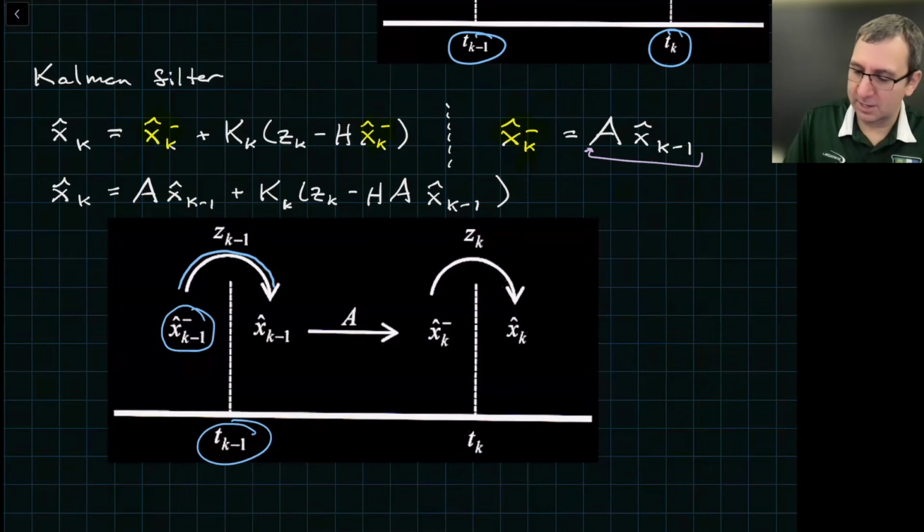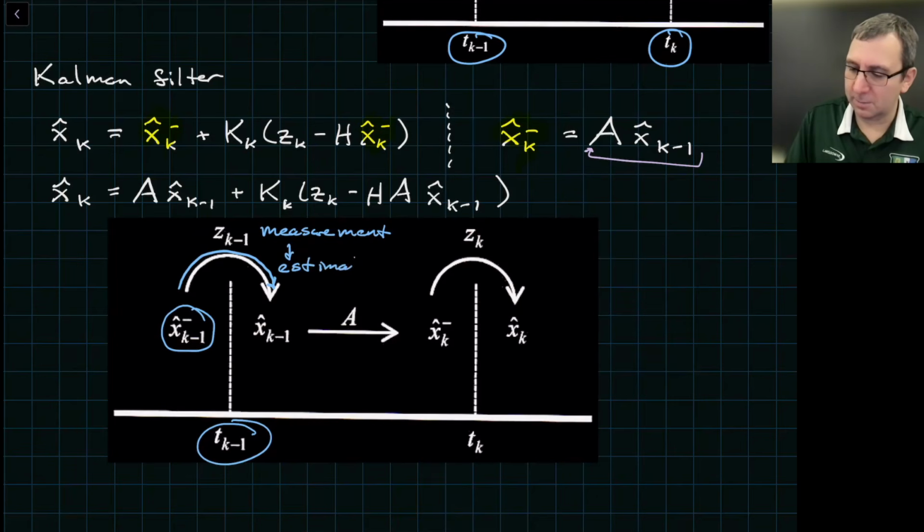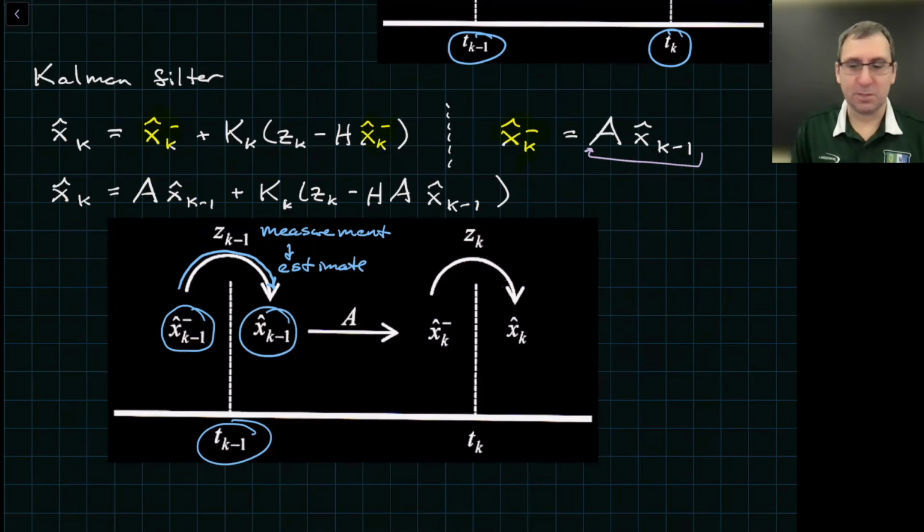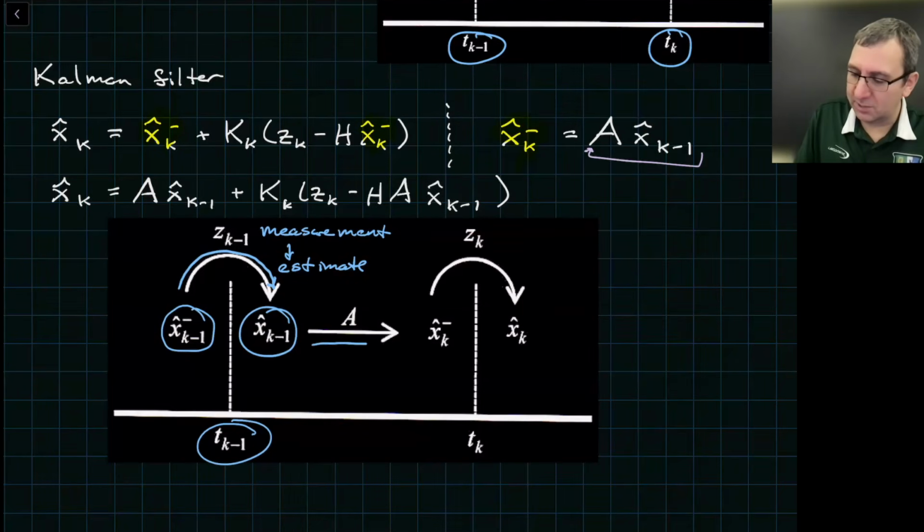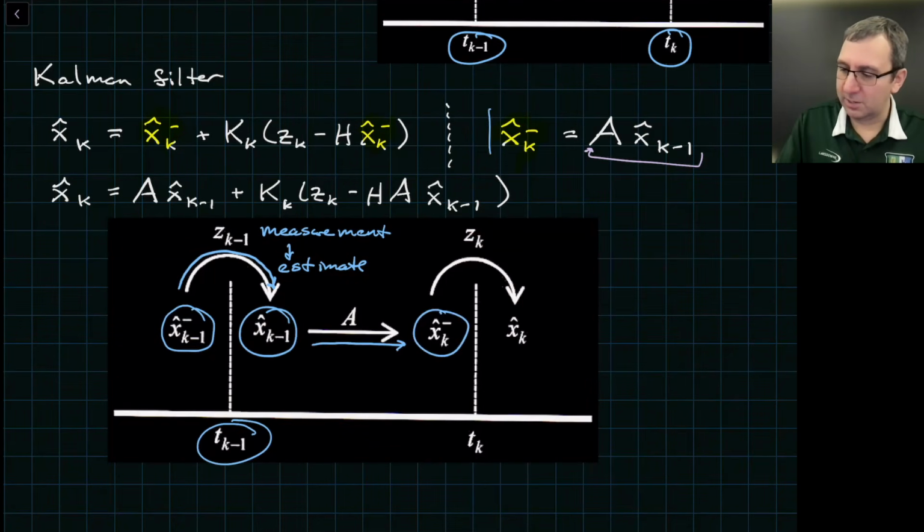So this z_{k-1} being incorporated in, this is taking a measurement and then getting the estimate. And this is our best estimate at that time step. And now the difference between this and the low pass filter is this doesn't just get passed over without changing. What we have at this point is this formula.